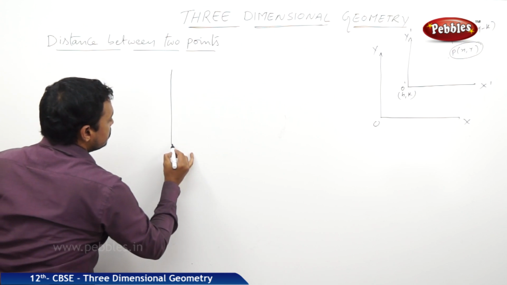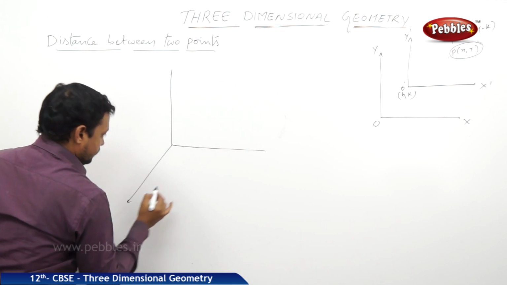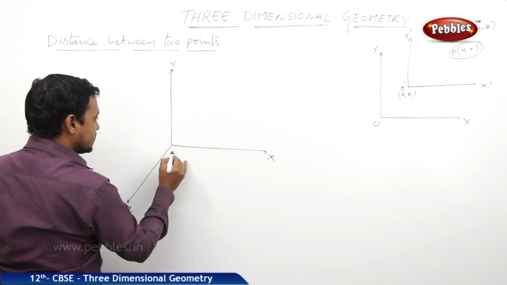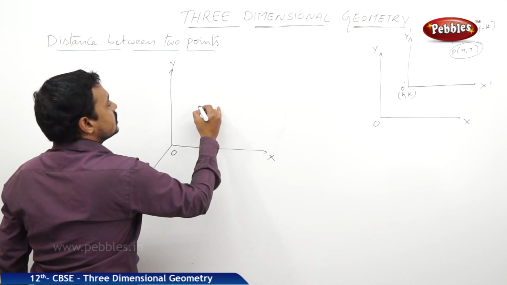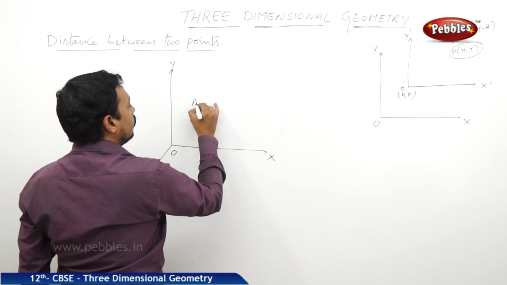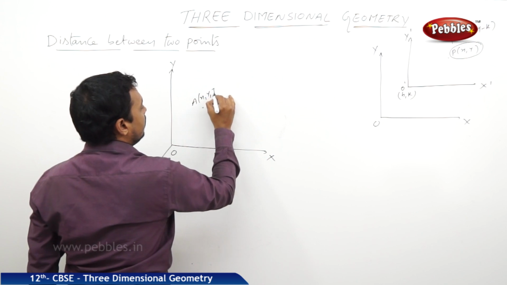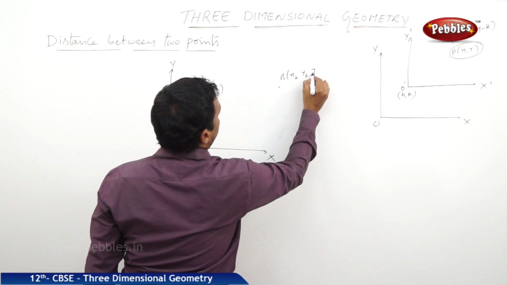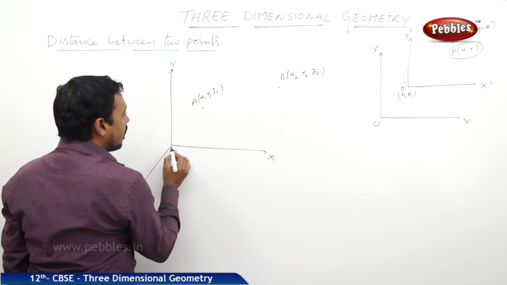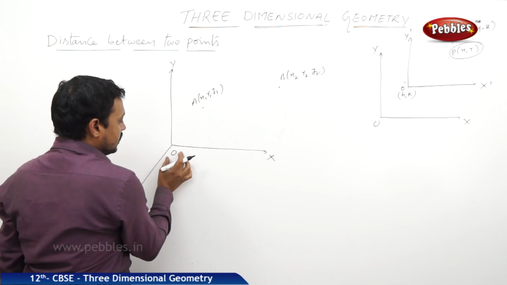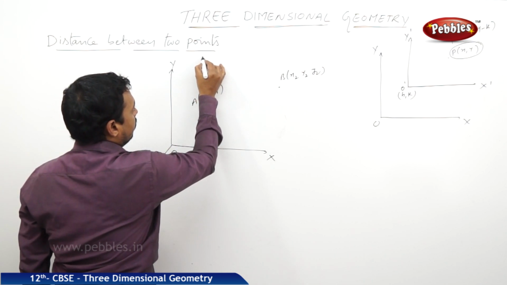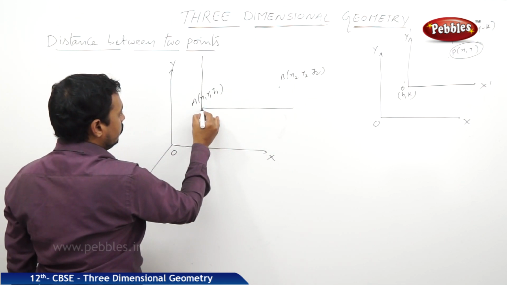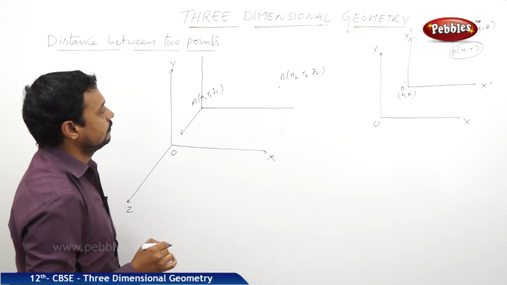Now in three-dimensional geometry, x-axis, y-axis, z-axis and origin. Suppose one point A whose coordinates are x1, y1, z1 and second point B whose coordinates are x2, y2, z2. Suppose this origin is shifted to A, now the new system will be like this.